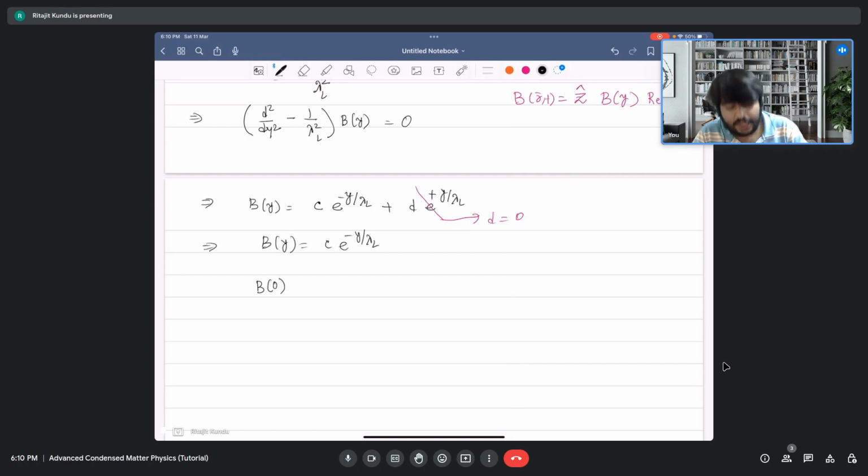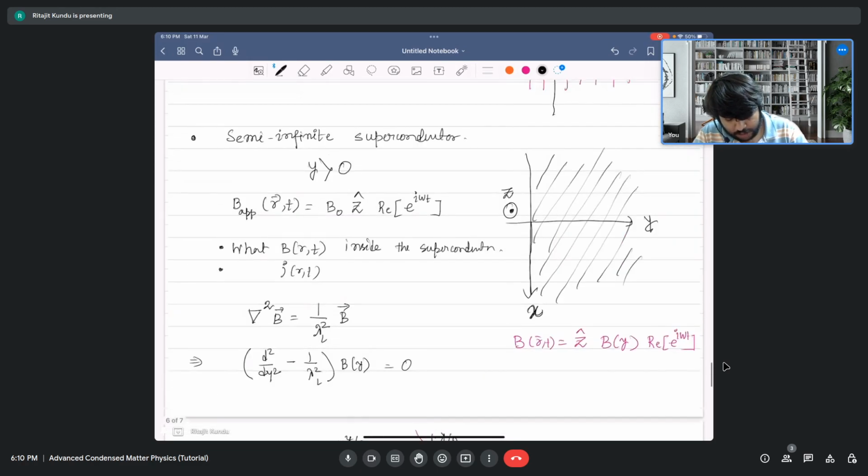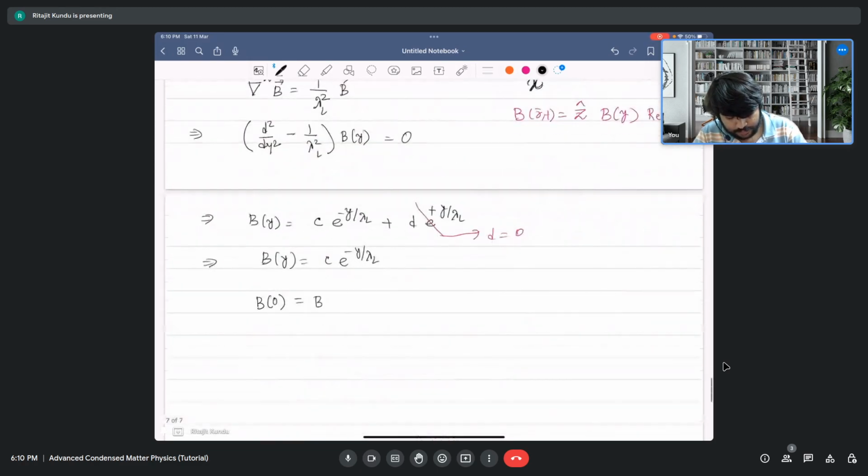So B at 0 is given by B naught. If you plug it into the solution, you directly get C e to the power minus 0 by lambda L. This becomes 1, which tells you that the constant C is just B naught.